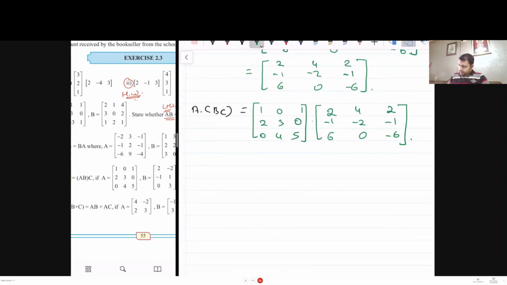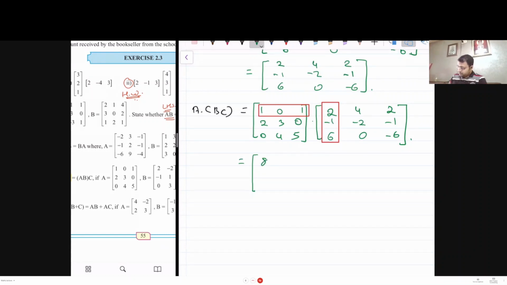So when we multiply these both matrices, again the working will be exactly same. The first row elements will be first of all multiplied with the first column elements. So what we will get over here, 1 into 2, that is 2, then it is 0 and then it is 6. So 2 plus 6, that is 8.